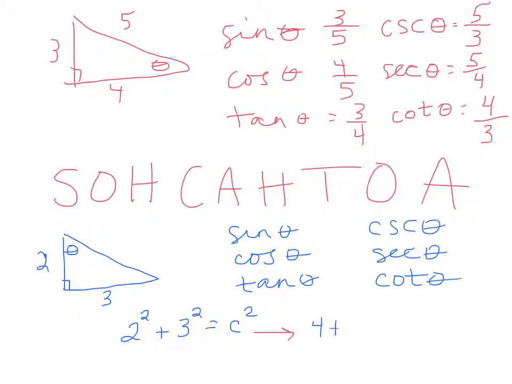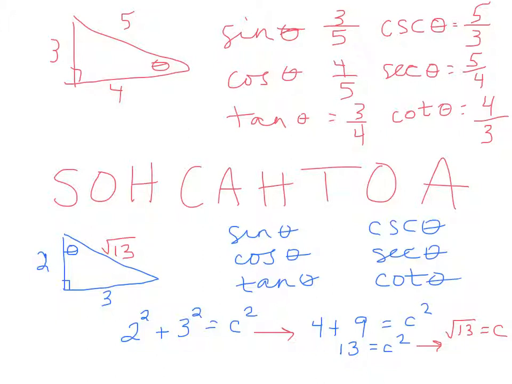Four plus 9 equals c squared. So C is ugly. You'll have more ugly than you'll have whole numbers.